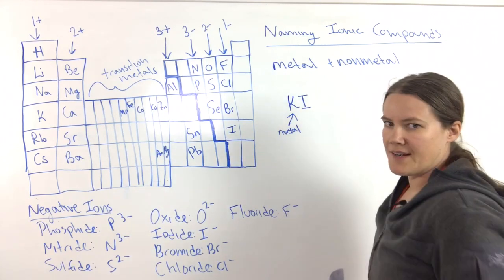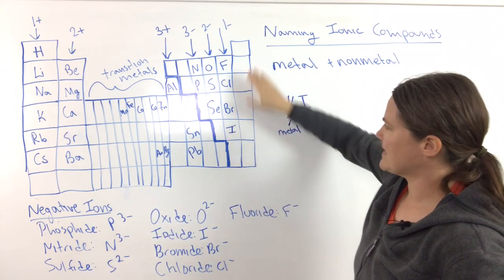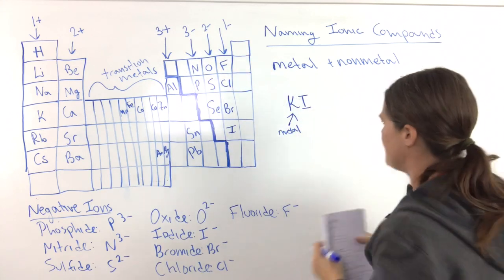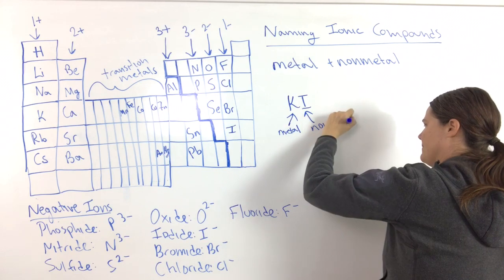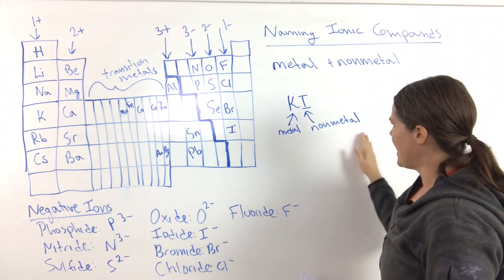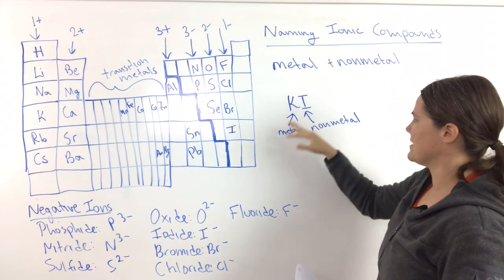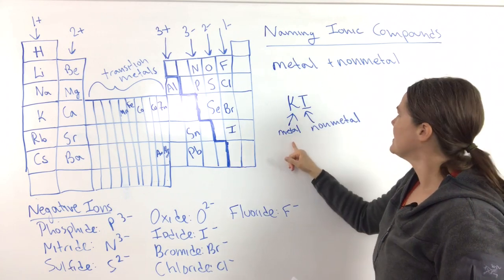And we have iodine, and iodine is right here, in the area of the periodic table that is nonmetals. So that means that iodine is a nonmetal. So we know that we have a metal and a nonmetal, so this is an ionic bond between these two elements.